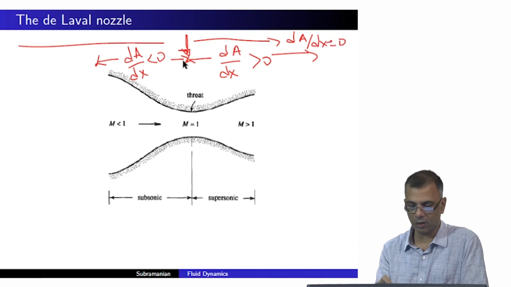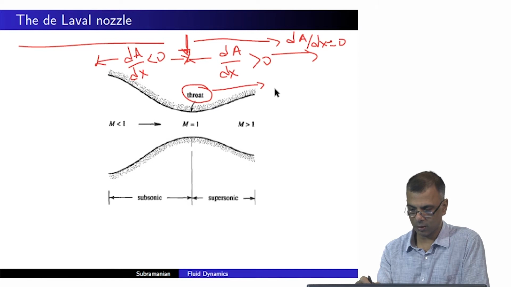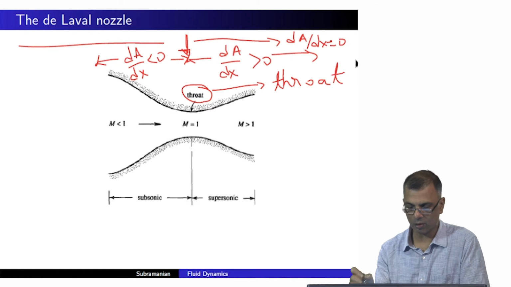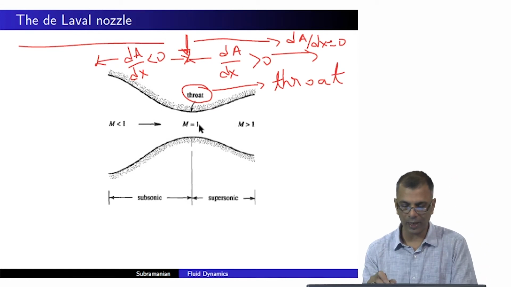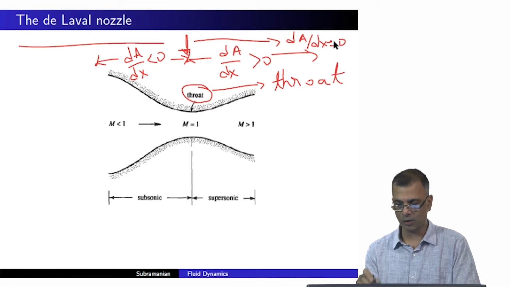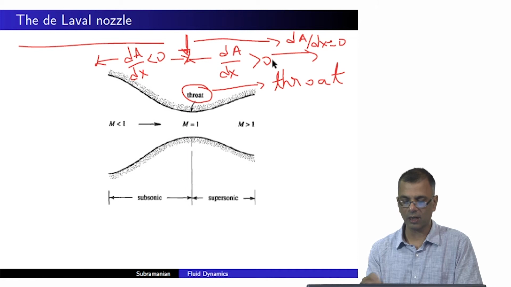It's less than 0 to the left, is equal to 0 exactly at this point called the throat, right? So exactly at the throat, dA/dx is equal to 0, and to the right of the throat, dA/dx is larger than 0. So this is the situation.